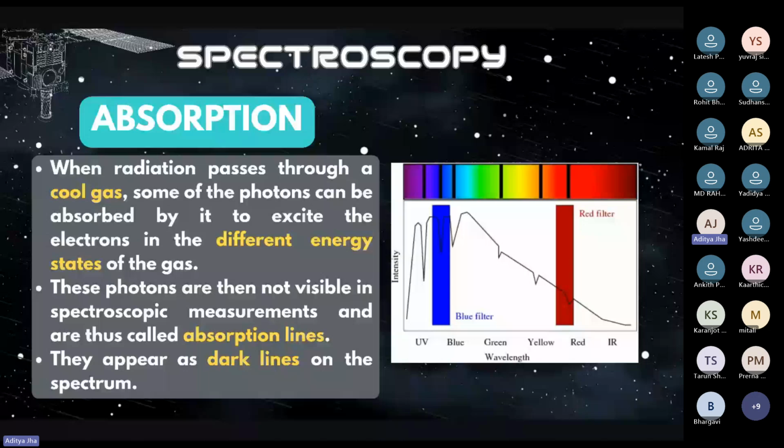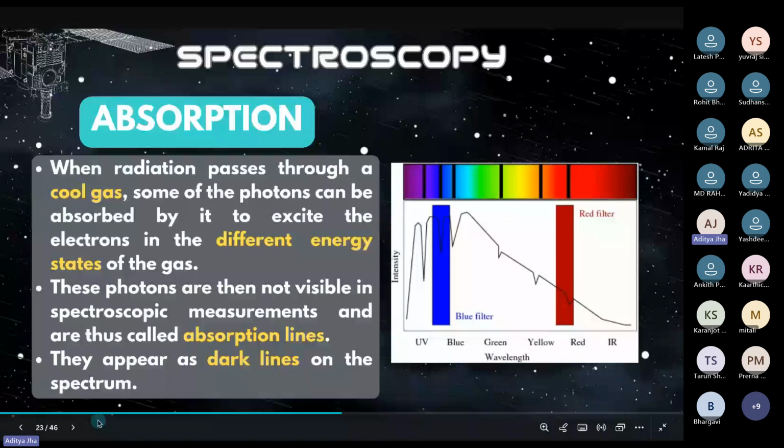These lines are called absorption lines. You can see here that some of these lines, which are called dark lines, you're not able to see because they have been absorbed by this cool gas. So this is the third type of spectrum, the absorption spectrum.